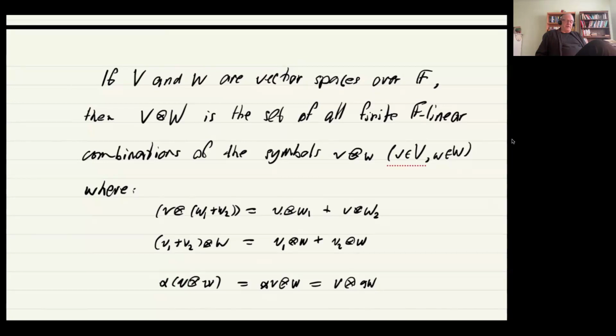So you have linear functions on V and linear functions on W. And the dual space here is the bilinear functions on V tensor W. So a bilinear function takes a vector of V and a vector of W and returns a scalar, and it's linear in each coordinate. Okay. And so in a sense, the purpose of tensor products is to deal with bilinear maps in place of linear maps.